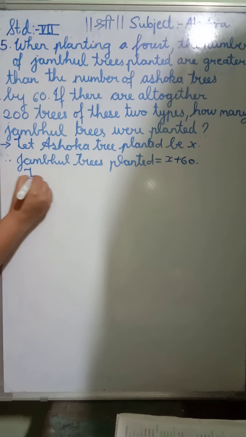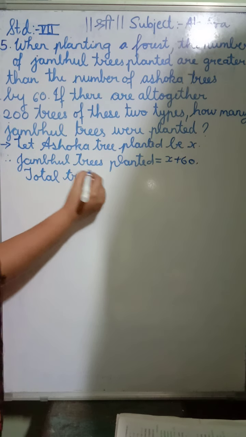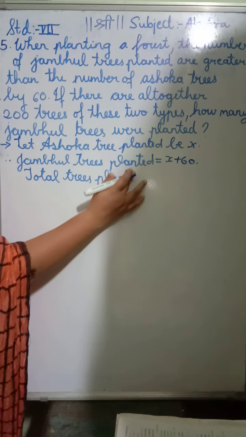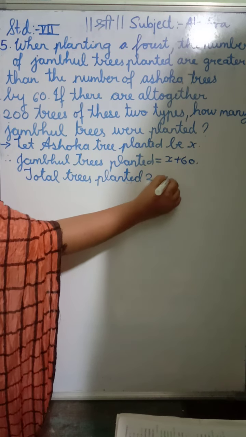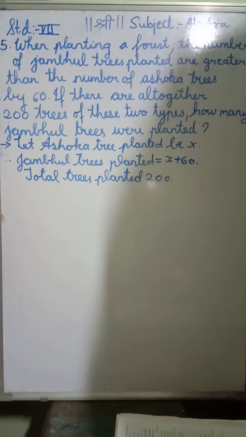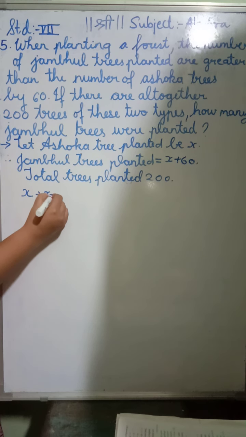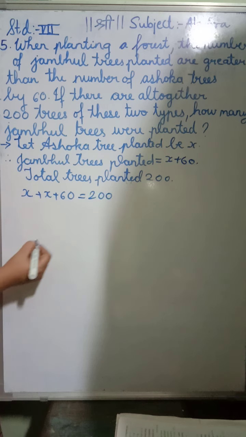So total trees planted is how much? 200. Total means all together, addition. So the first type of tree, that is Ashoka, is X and jambul is X plus 60, equals 200.